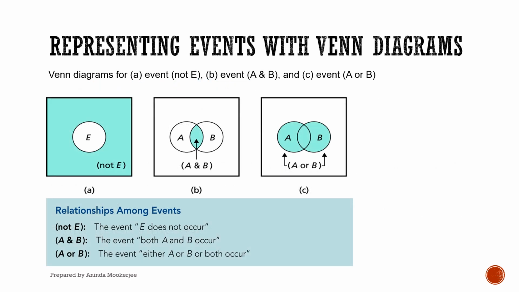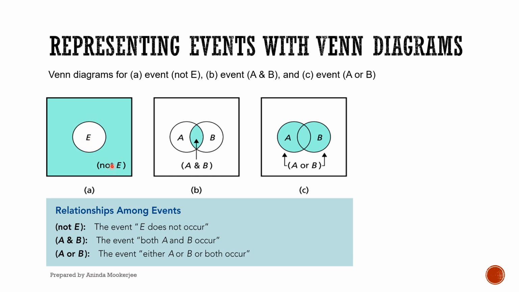We can often represent events using Venn diagrams. In the first box here, what we see is a situation called not E. Let's say E is defined as a particular event.